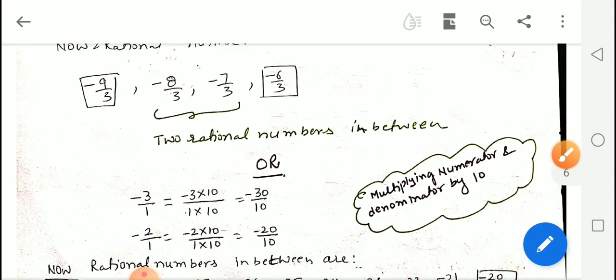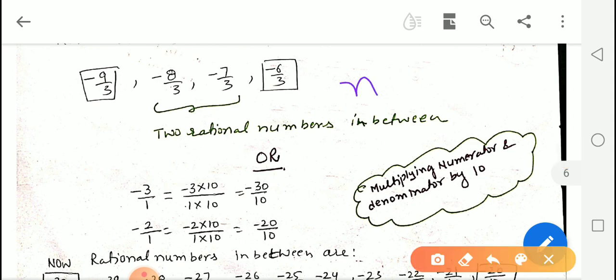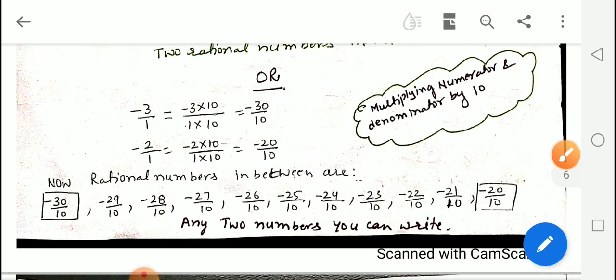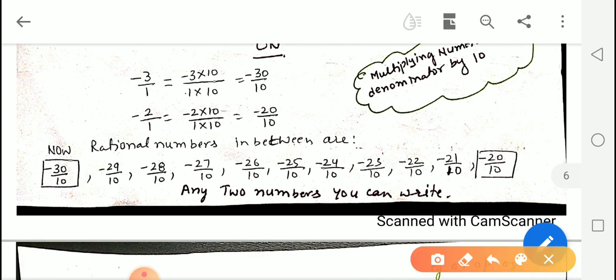If we don't want to use this n plus 1 method, we can multiply the numerator and denominator by 10. In the same way, this method is also right. You can adopt any of the methods. Either you can write the n plus 1 method or this method. Both are right.